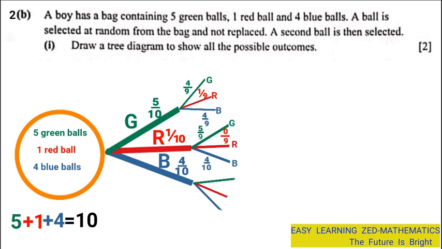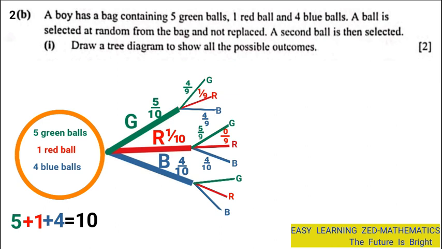Okay, then what is going to be the probability of picking a green ball when a blue ball was picked at first? So I'm going to write green, red, and blue there. Okay, so the probability of picking a green ball when a blue ball was picked at first will be, now remember, this time we picked a blue ball which wasn't put back.